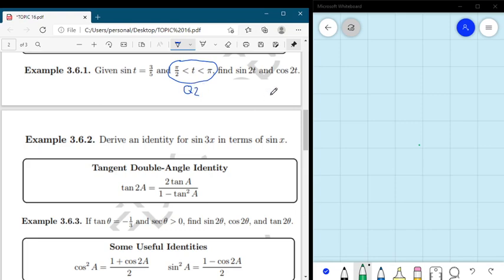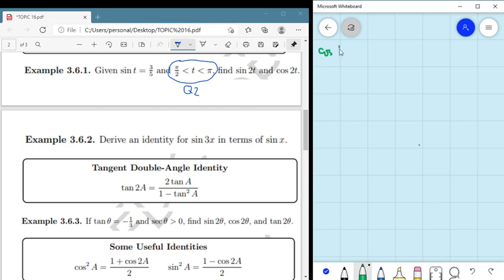So first thing to do is find cosine t. Cosine t is equal to the square root of 1 minus sine squared t. Replace sine t with 3/5, so 1 minus 3/5 squared, which is the same as 1 minus 9/25.